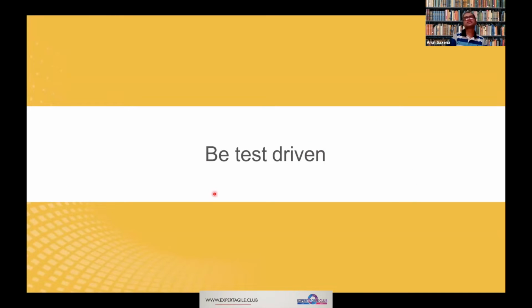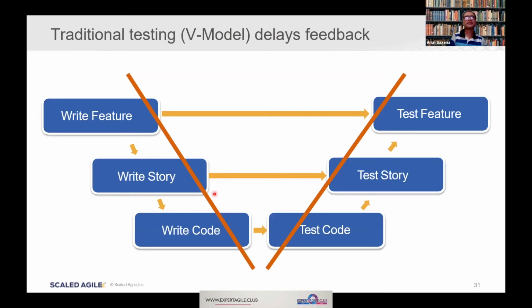Okay, so next is about the test driven. We know that traditionally, in case of industrial organizations, they follow a typical V model, and this V model is traditional.